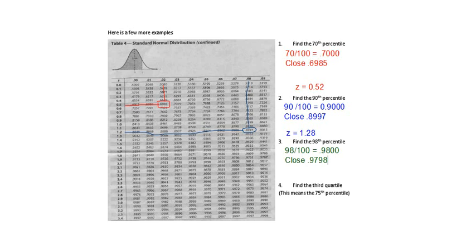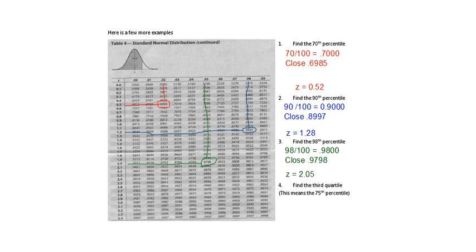And it's right over here. That corresponds to a z-score of 2.05. Z equals 2.05, just like that.